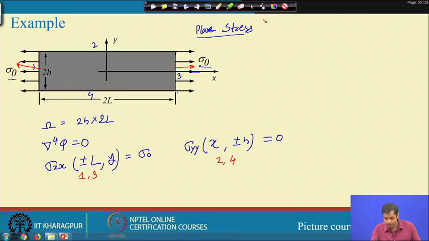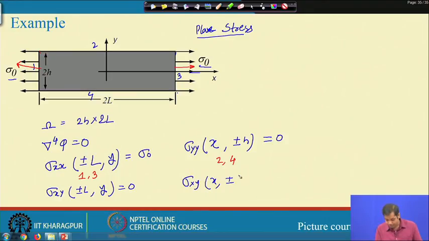Let us see the conditions on shear stresses. On each of these boundaries there is no shear stress. Therefore sigma xy at x equal to plus or minus L, at any y, is equal to 0, and sigma xy at y equal to plus or minus h, at any x, is equal to 0.